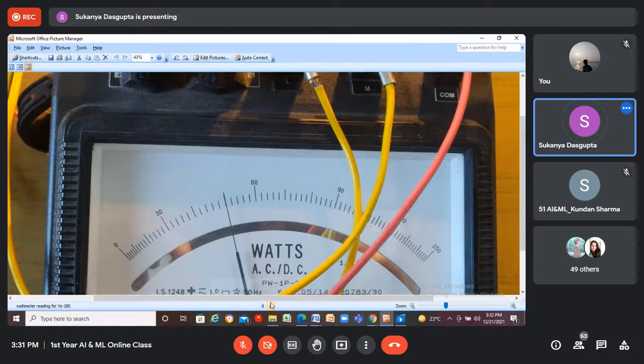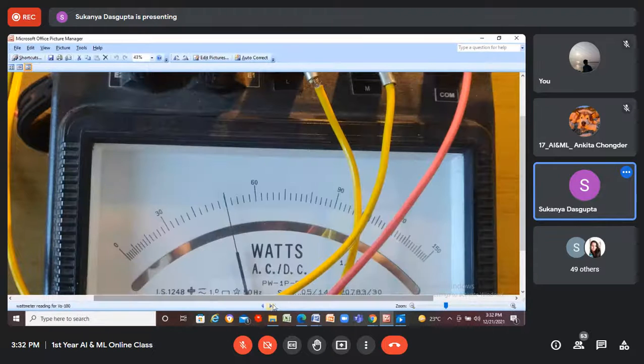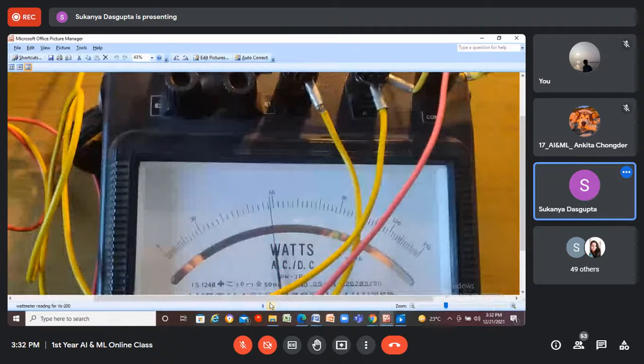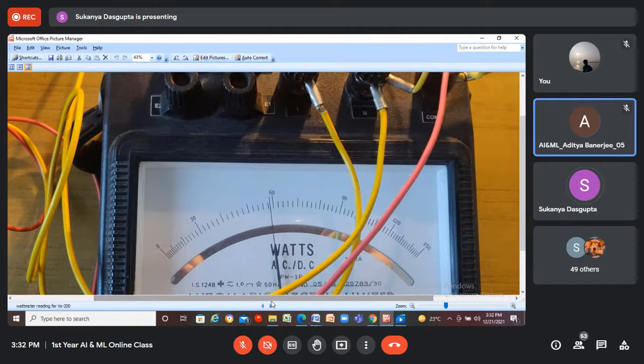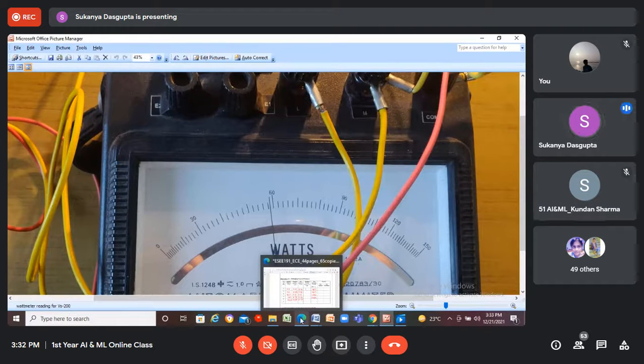Next, 50. Then this is 58.55, so consider 59. Yes, consider 59.